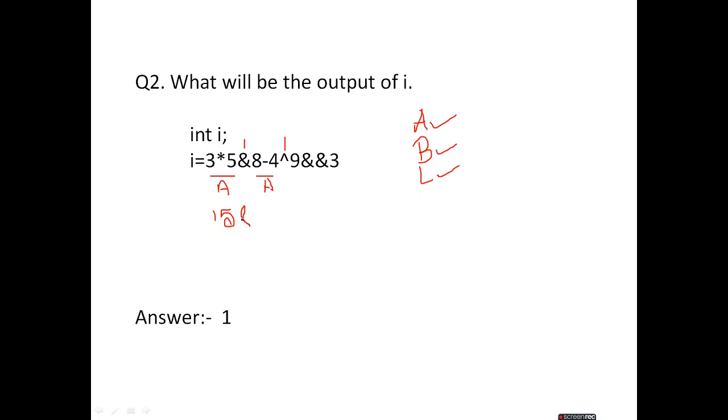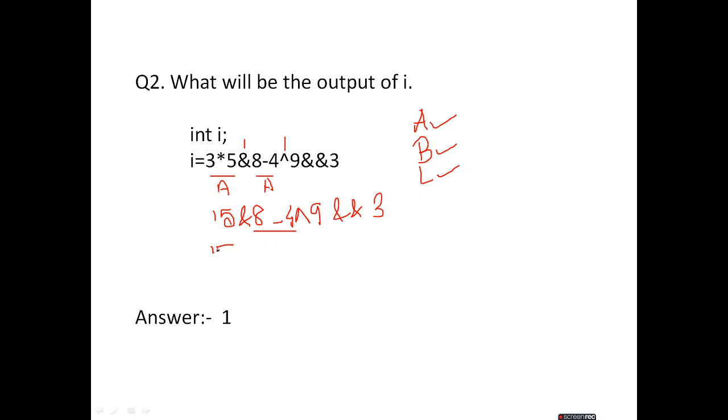Then there is the bitwise and, 8 - 4, the XOR operation with 9, and then logical and 3. The next one is 8 - 4, which is equal to 4.